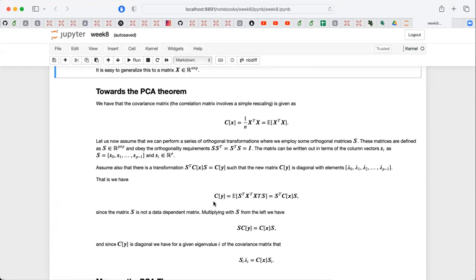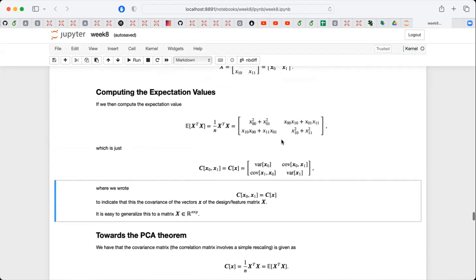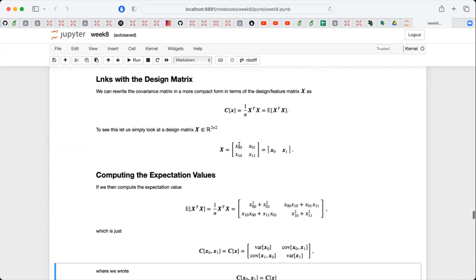The next thing is, if you look at the covariance matrix, this is nothing but the expectation value of x transpose times x. Now, x here is a deterministic matrix, because everything which we plug in here is defined, and we make the assumption that x is not a stochastic variable.